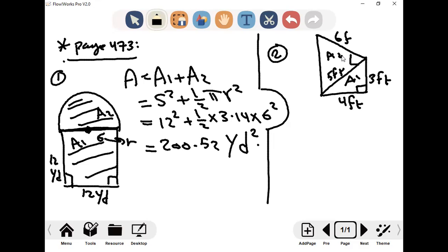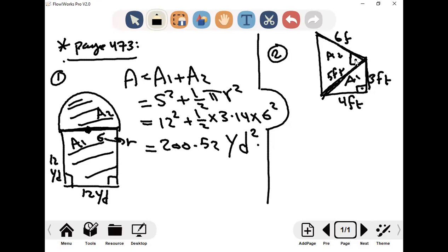And the height. Why do I know this is the height? Because we have a right angle here. We said yesterday, to know the height, search for the right angle. So base and height for A1 are ready. For A2, the base and the height, because we have a right angle here also. So the two triangles are ready.